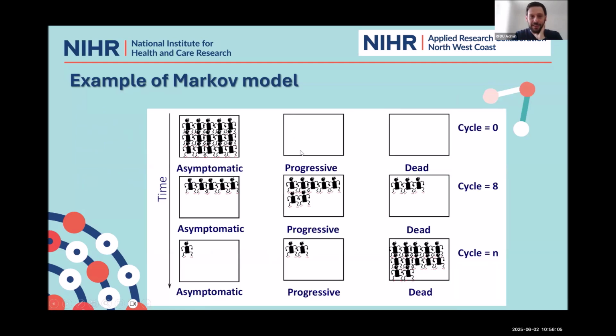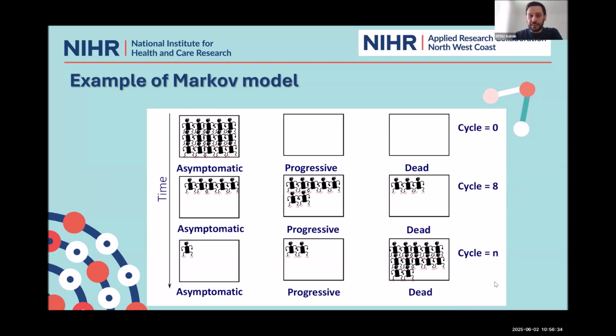Visually, we can look at an example of a Markov model considering this figure. In cycle 0, all of the people are here in the asymptomatic state. Then by cycle 8, which could be year 8 or month 8, depending on the natural progression of the disease, you'll have more people in the progressive state.